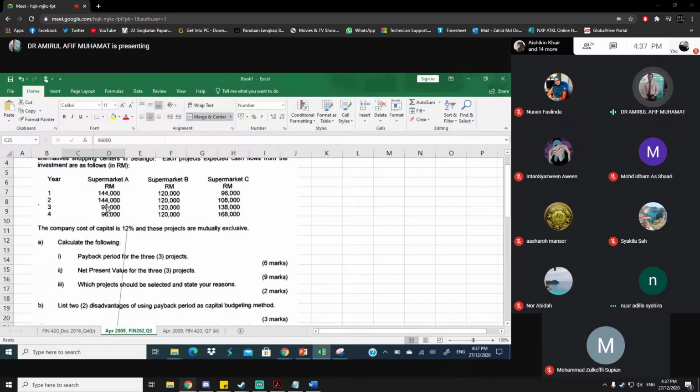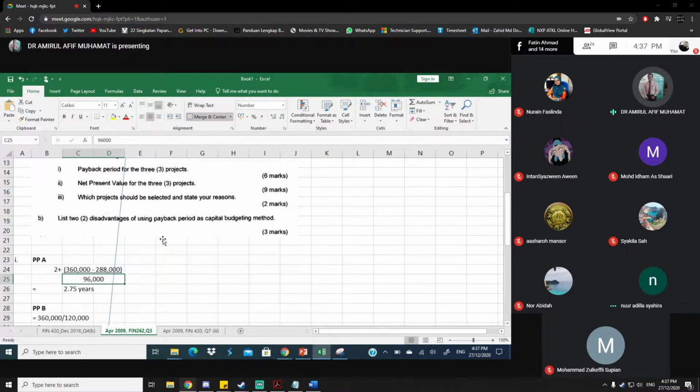Because in the third year, the company won't take all of it to cover the cost. The company just wants to take some portion, the remaining balance. So that's why you divide over 96,000 and you will get 2.75 years.